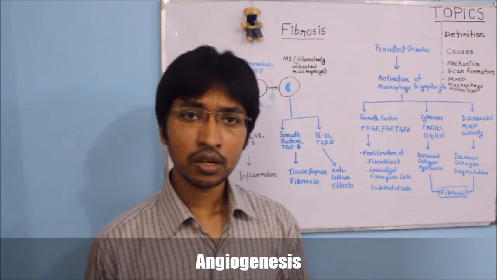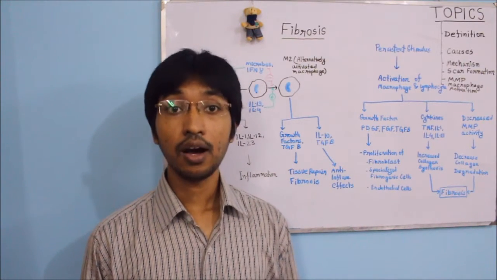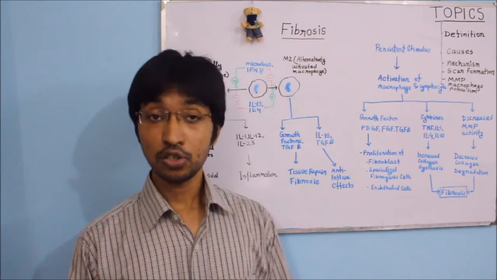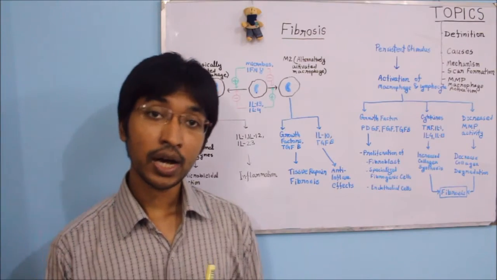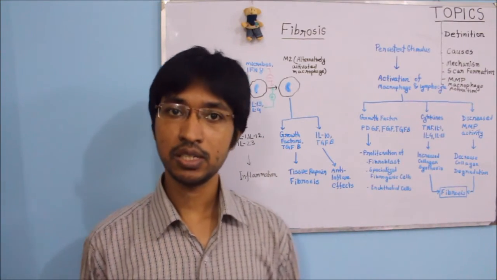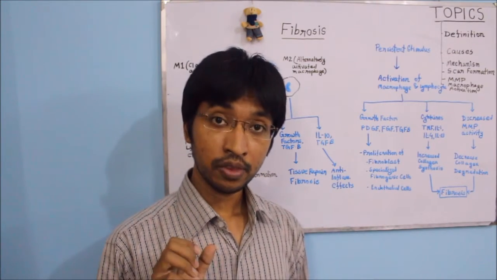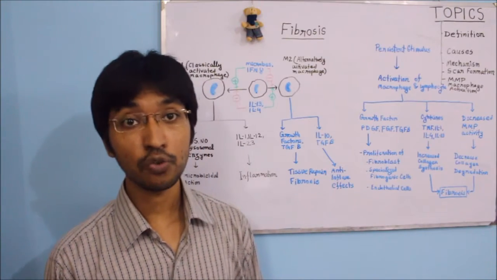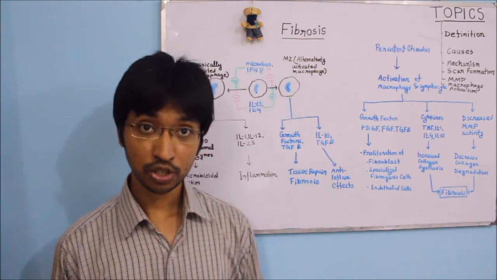The answer is, during the repair process, the cells also need oxygen and nutrient to continue this repair process. And the only way to provide oxygen and nutrient to the cells that will participate in this repair process is to increase their blood supply. So therefore, we are having formation of new blood vessel as the first step of scar formation.